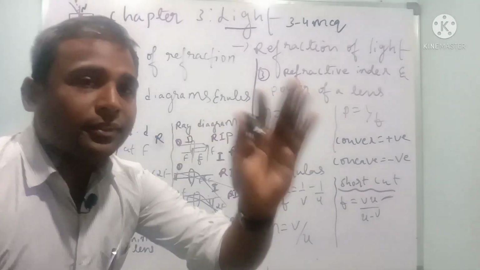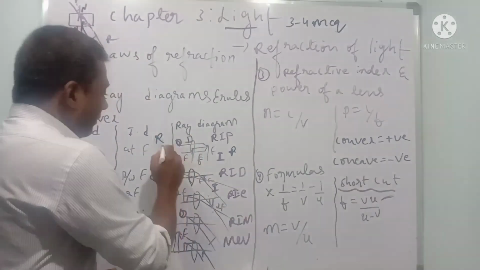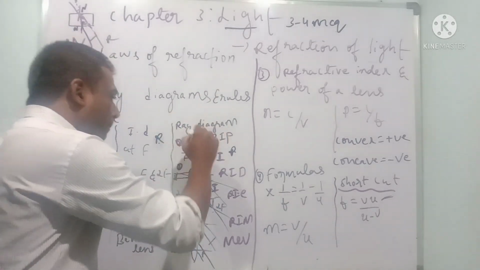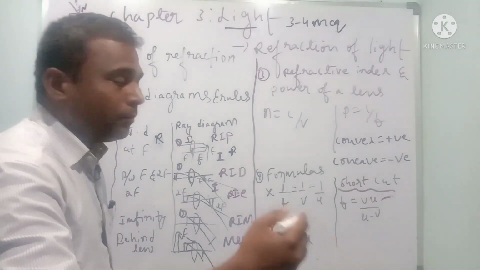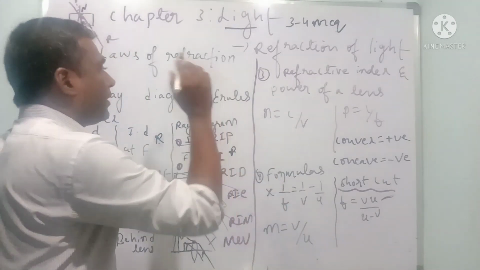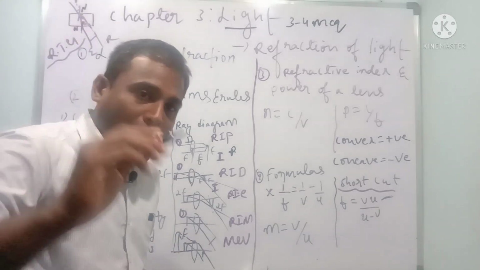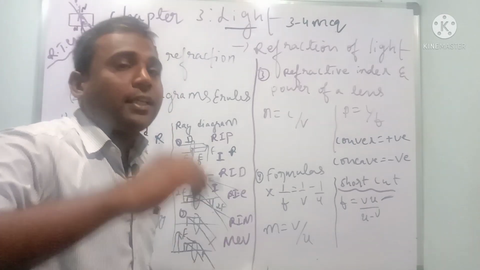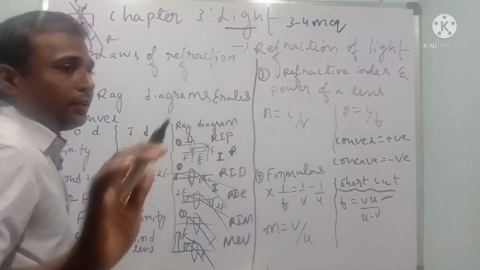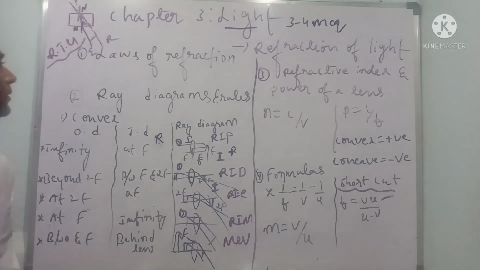Very simple, children: the process of bending of light from one medium to another medium is called refraction of light. Just the process of changing direction of the light when it moves from one medium to another is called refraction of light.